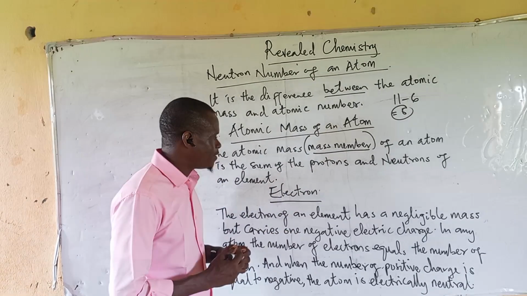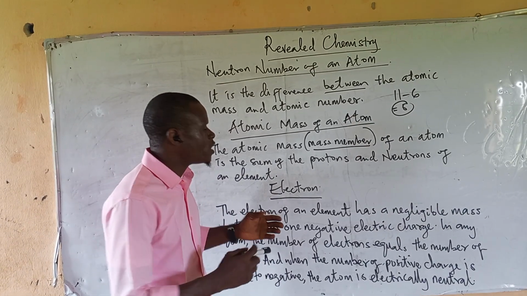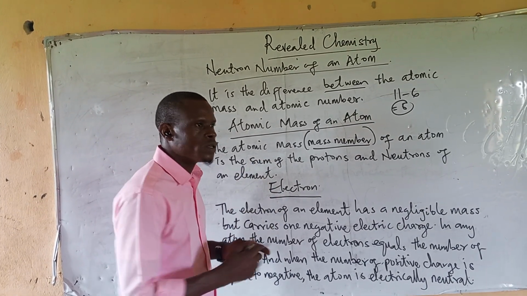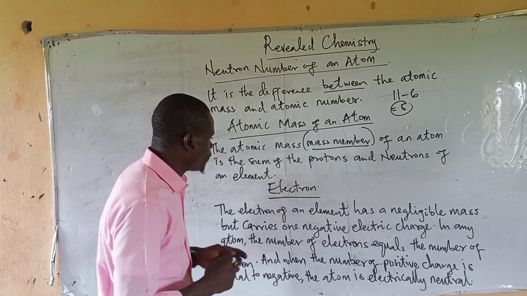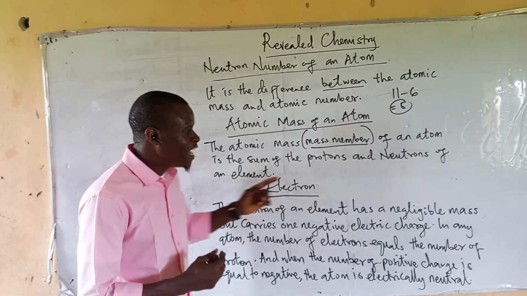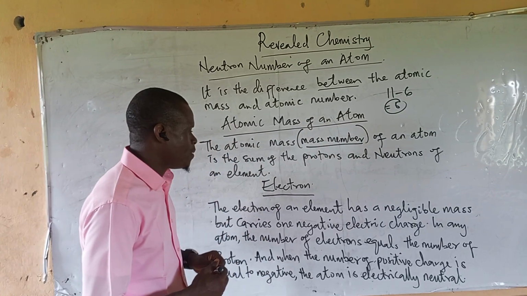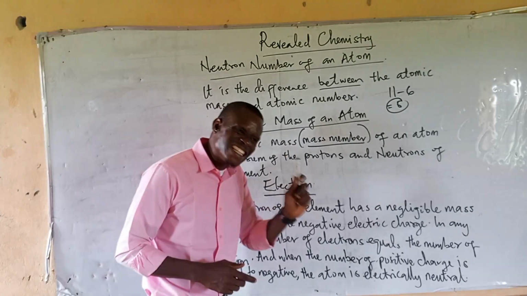Now let's look at the electrons, which are always found at the outer part of the atoms. We say that the electron of an element has what we call a negligible mass, but carries a negative charge.